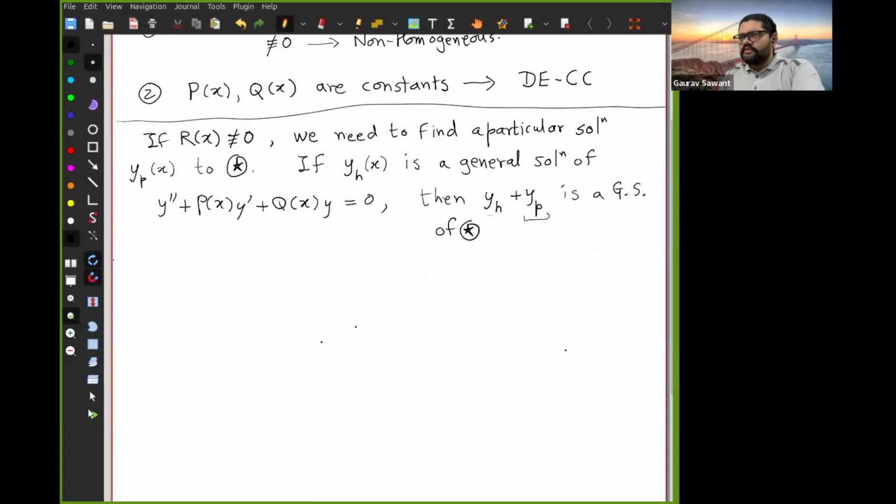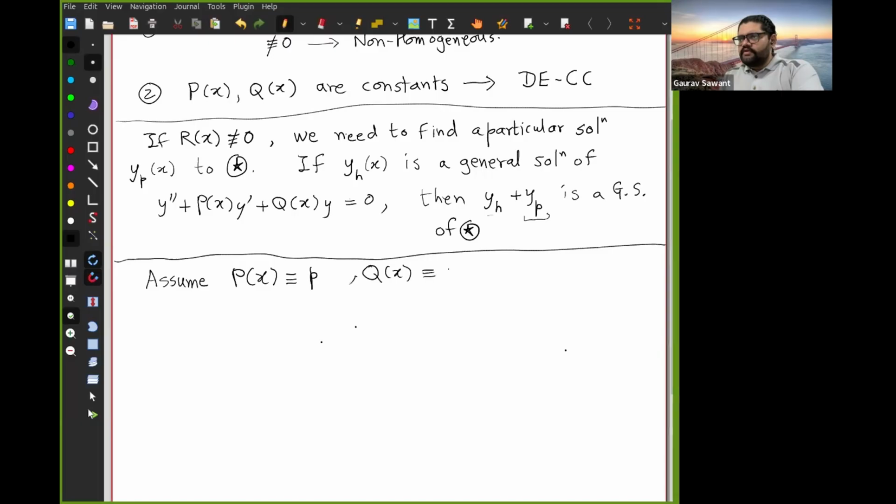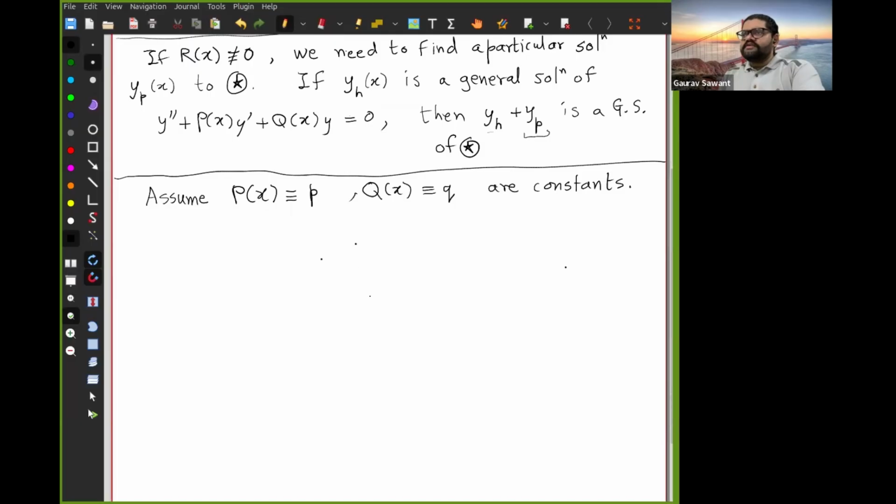So for this part, assume p(x) is identically equal to some small p, q(x) is identically equal to small q, are constants. There are essentially two methods which help us find a solution of this equation.